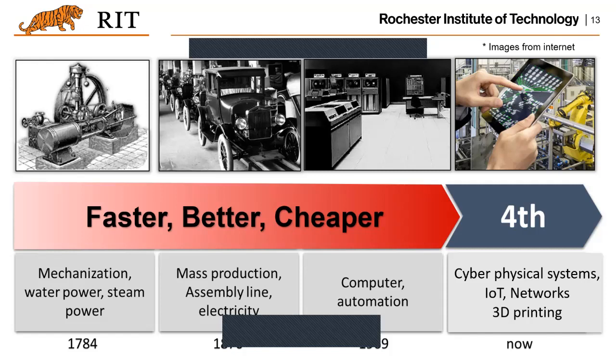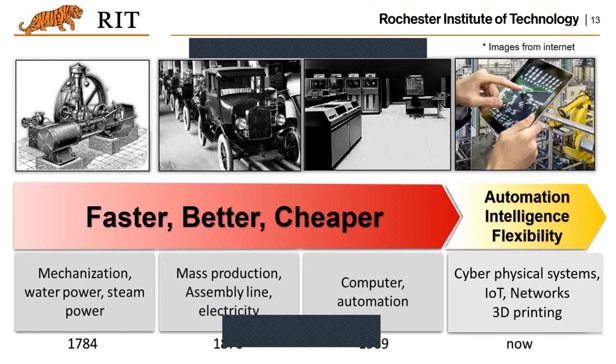So that's why we have the fourth industrial revolution, with new communication technology, new electronics and network technology together with 3D printing, which is the new manufacturing technology. And it turns out it goes toward more automation, more intelligence, and flexibility in production. We would like to have automated machines assist human workers in performing the production.